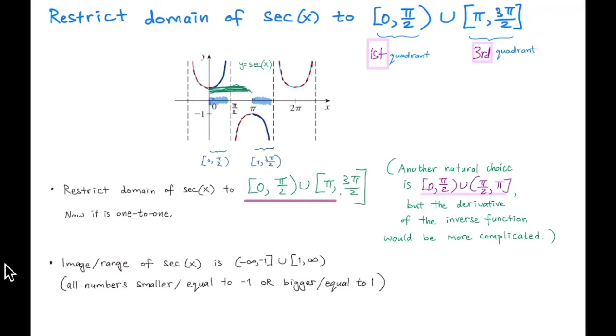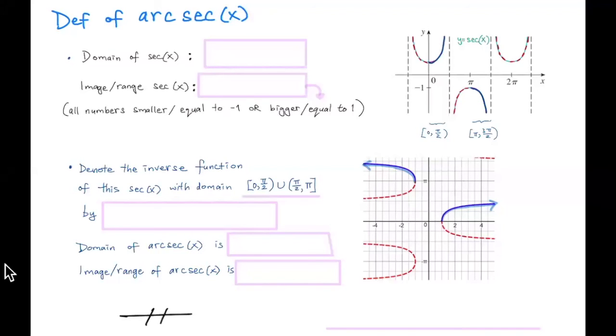Now we have a one-to-one function, and the range of this new secant is the same as the usual secant. So all numbers smaller than or equal to -1 or bigger than or equal to 1. Let me write down the same information more compactly.